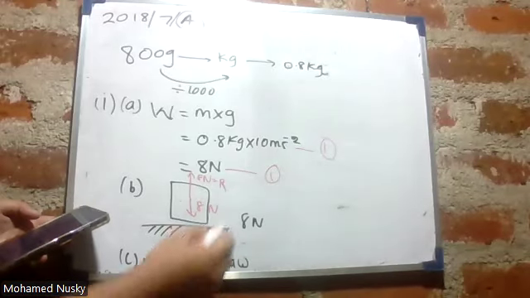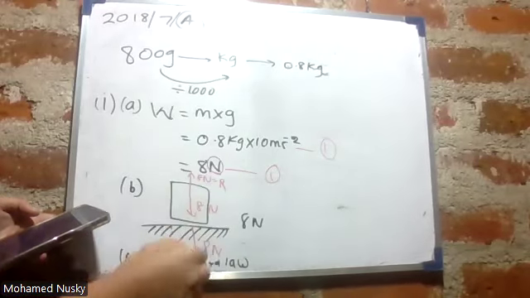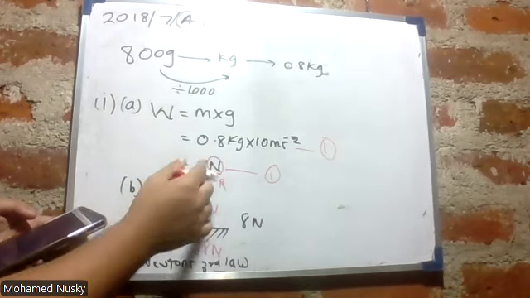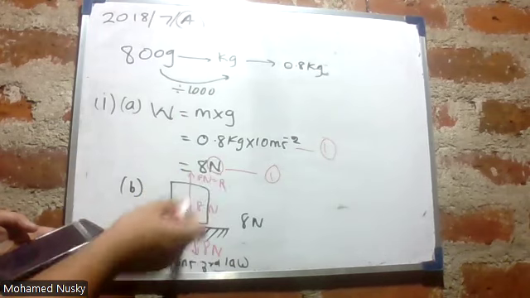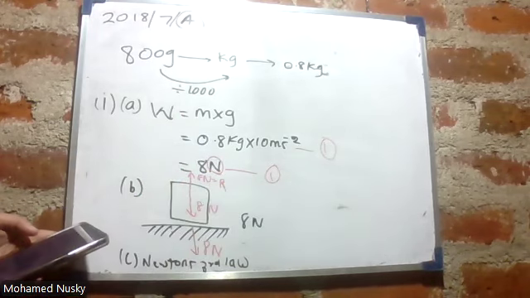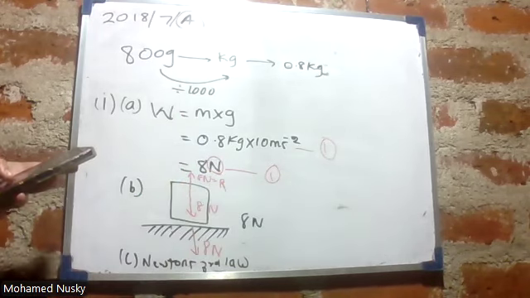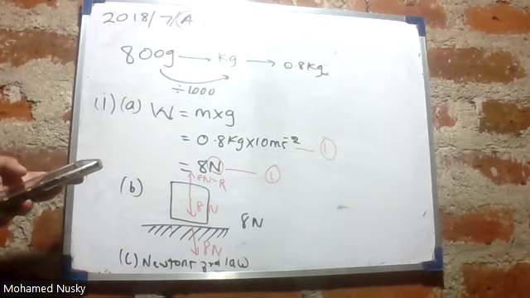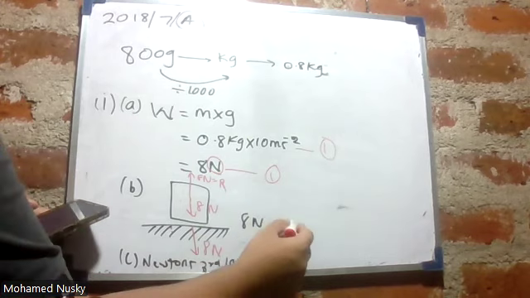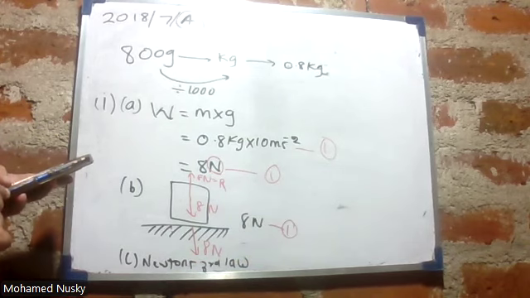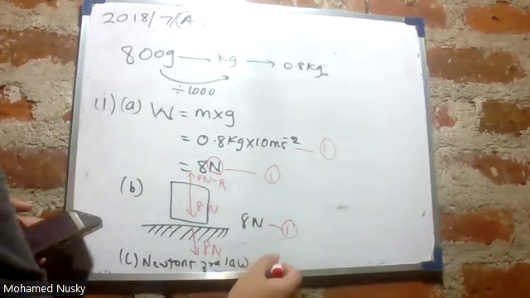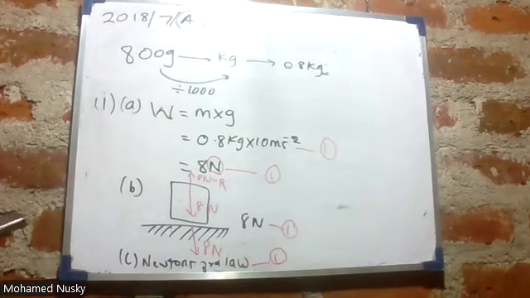And also it is said the unit is a must. If unit is not given, if you just put 8, you won't get this 1 mark. You should put 8 Newton. If you put 8 Newton, you will get this 1 mark. And then D part, this also you get 1 mark. And to write this as Newton's third law, we get another 1 mark. This is the marks allocation.